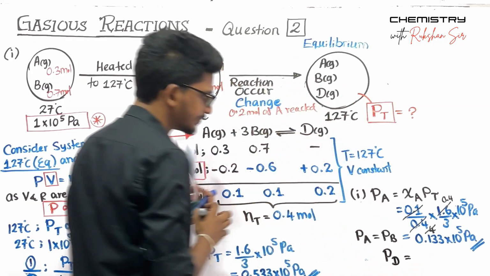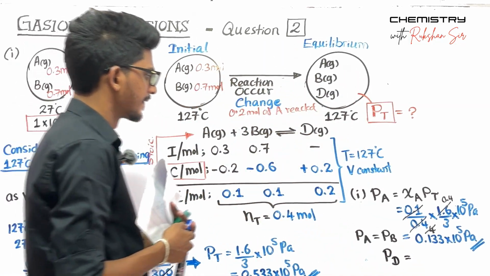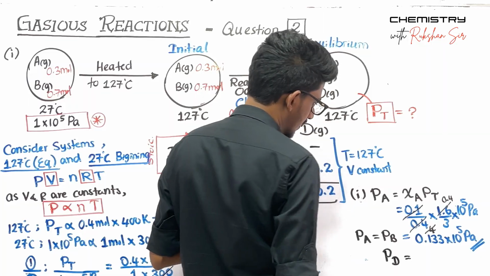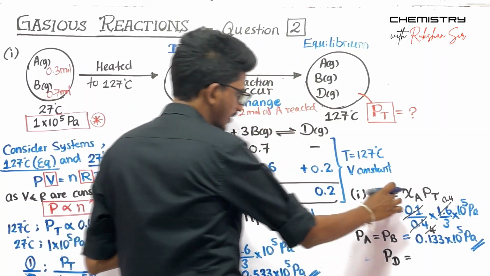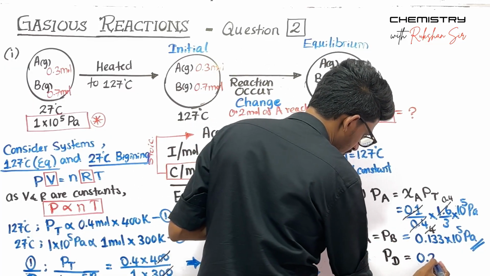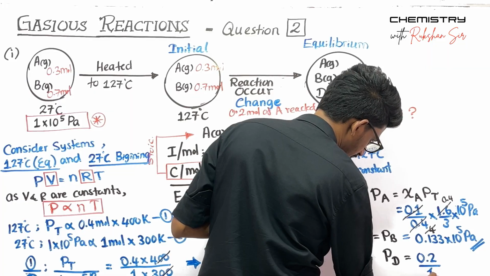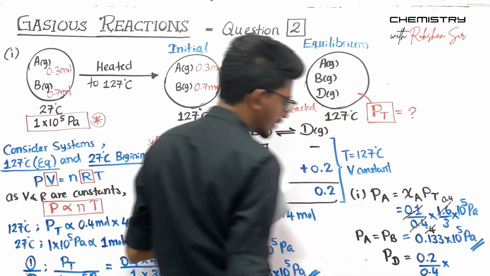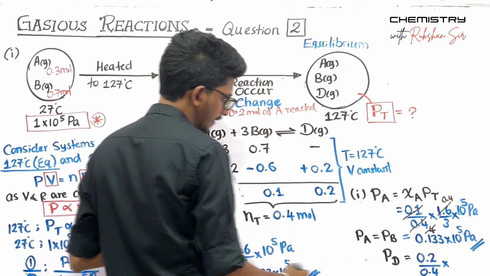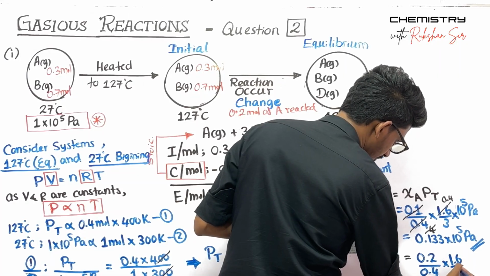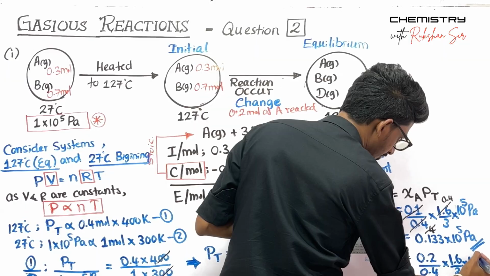PD is equal to the mole fraction of D into P total. The mole fraction of D means the number of moles of D, 0.2, divided by the total number of moles, that is 0.4, into P total, that is this value, 1.603 into 10 to the power 5.